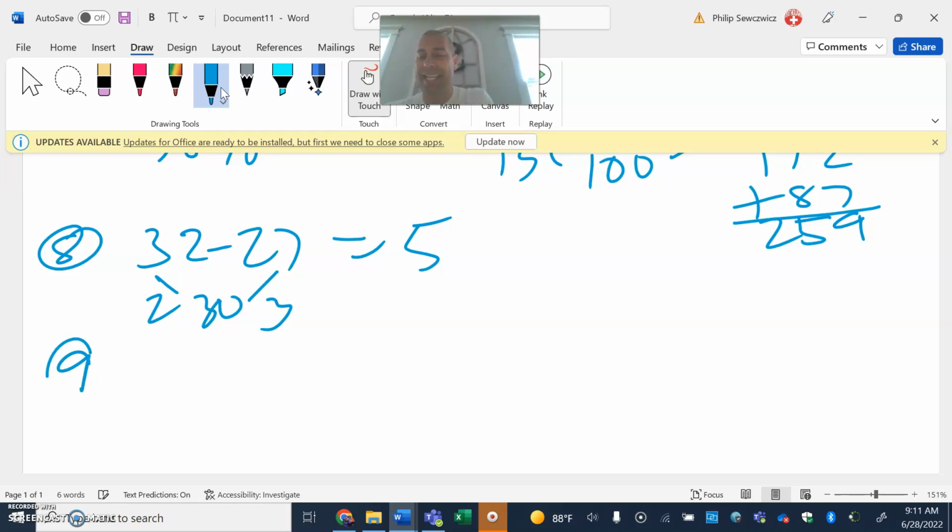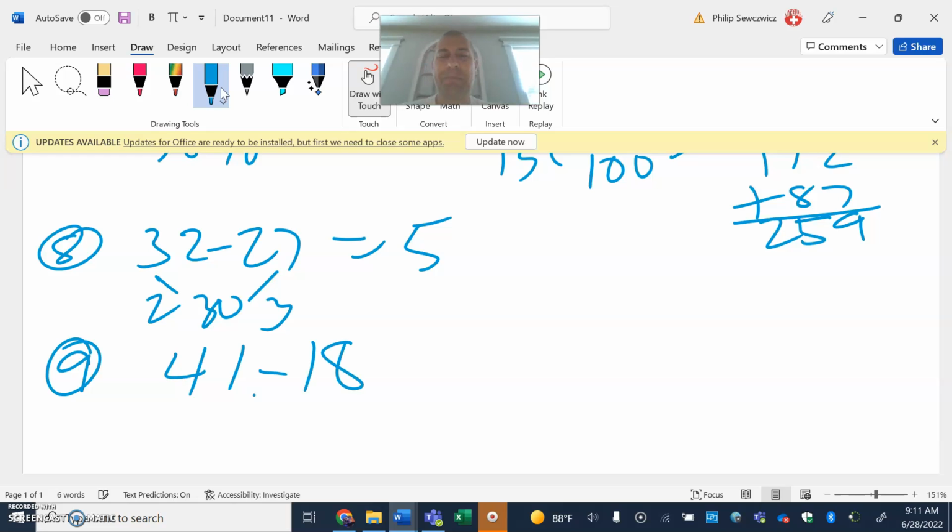Let's go number 9. How about 41 minus 18? Again, these are the ones that we want to be after regarding your number sense. If we're up in the hundreds, unless they're close together, you're really going to end up doing some work off to the side or reaching for a calculator.